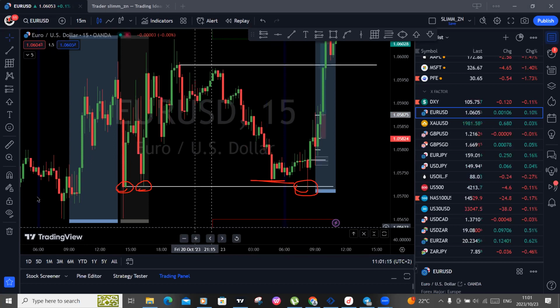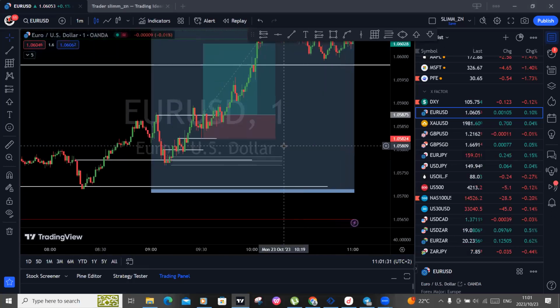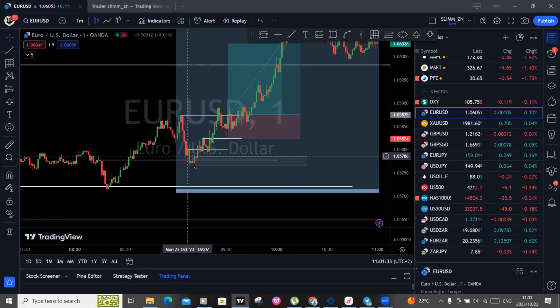After getting a bullish bias, what I need is price to break a structure, retrace into something, and push up. So I then dropped down to the 1 minute. This is the price which retraced into Friday's level. So we pushed up, broke a structure, came back.